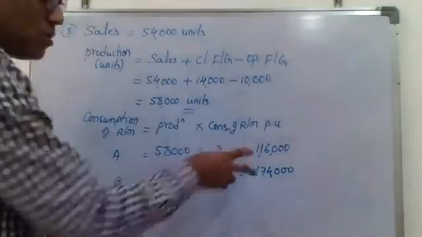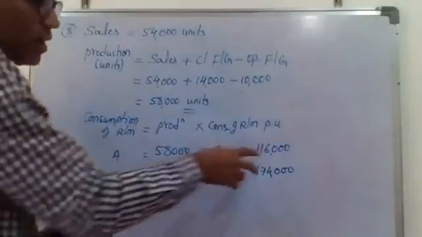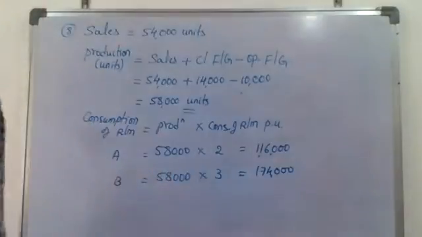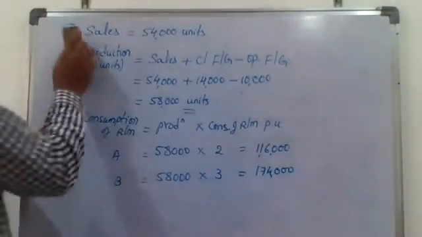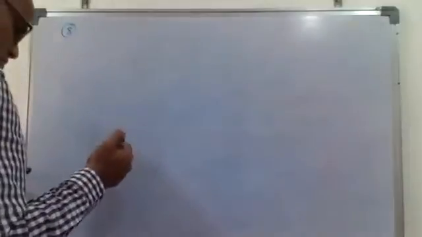From sales, I could find out production. From production, I could find out the consumption. Now I'm preparing the raw material purchase budget. So 8th one continued. I'm preparing the raw material purchase budget.